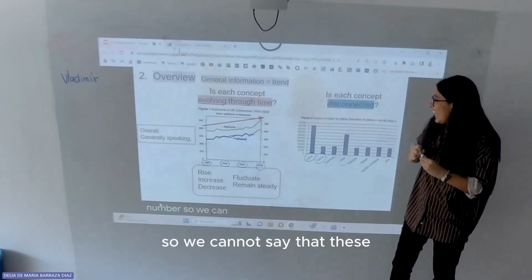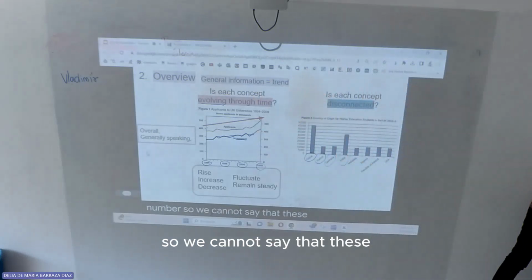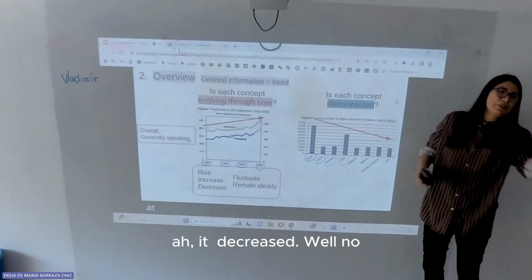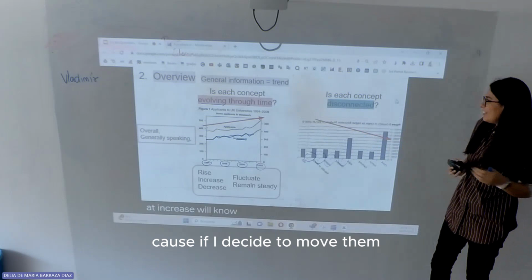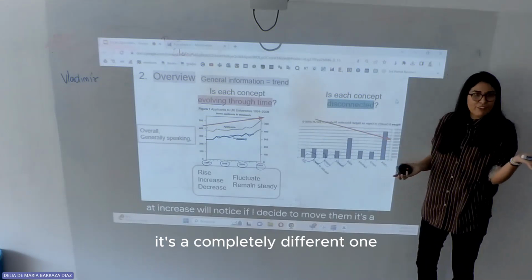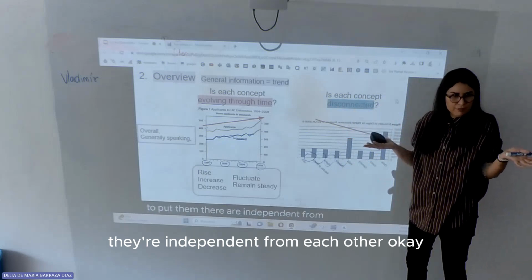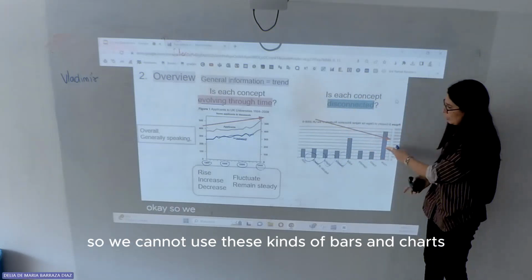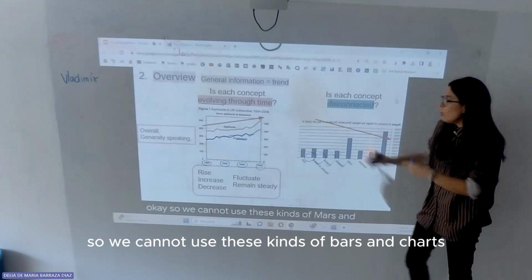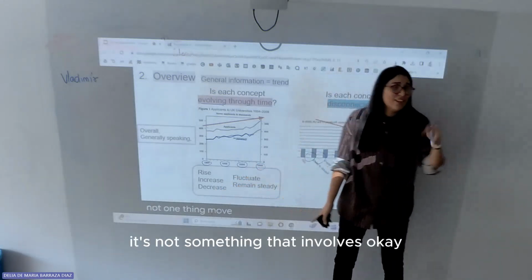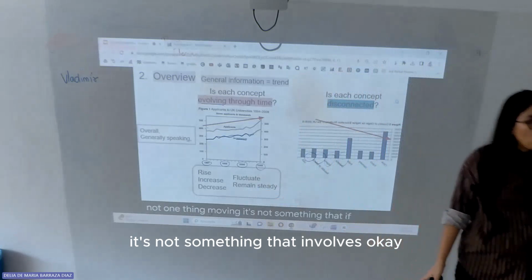So we cannot say it decreased. Well, no, because if I decide to move them, it's a completely different one. And here I can decide where to put them. They're independent from each other. So with these kinds of bars and charts, we cannot use this vocabulary because it's not one thing moving. It's not something that evolves.